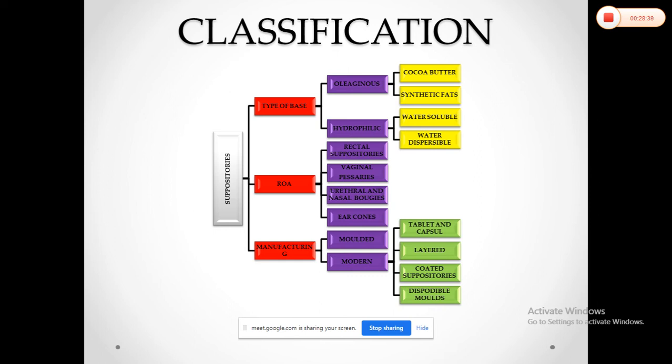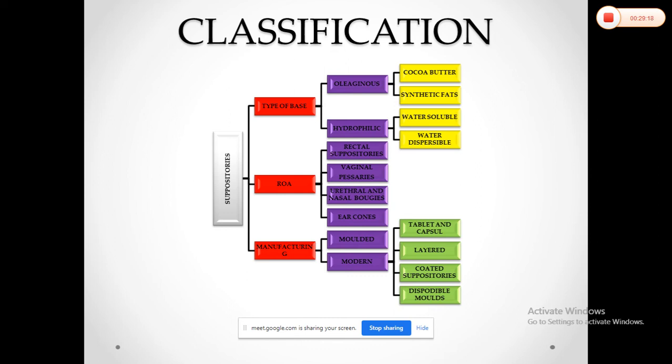If you are talking about capsule suppositories, mostly soft gelatin capsules are used. There are two types of capsules, as we know, hard gelatin capsules and soft gelatin capsules. Soft gelatin capsules of different shapes and sizes are used for insertion into the rectum or the vaginal cavity. Whatever the medicament is, liquid, semi-solid or solid, it can be filled into the soft gelatin capsules, and that capsule disintegrates at the specific site, depending upon the condition, and releases the medicament.